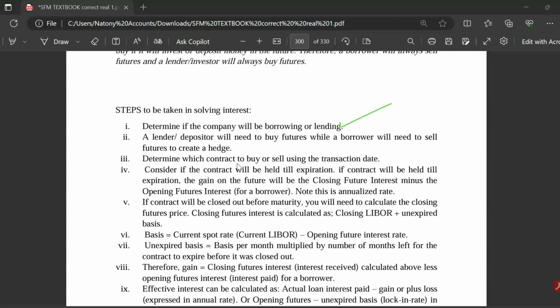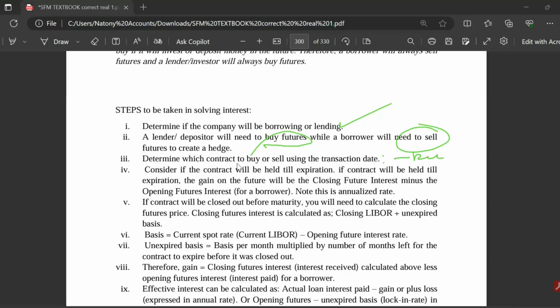Step number one, a lender or a depositor will buy futures. A borrower will always sell futures. Determine which contract to buy or sell based on the transaction date. The example I gave earlier on, the company needs to buy a December contract.